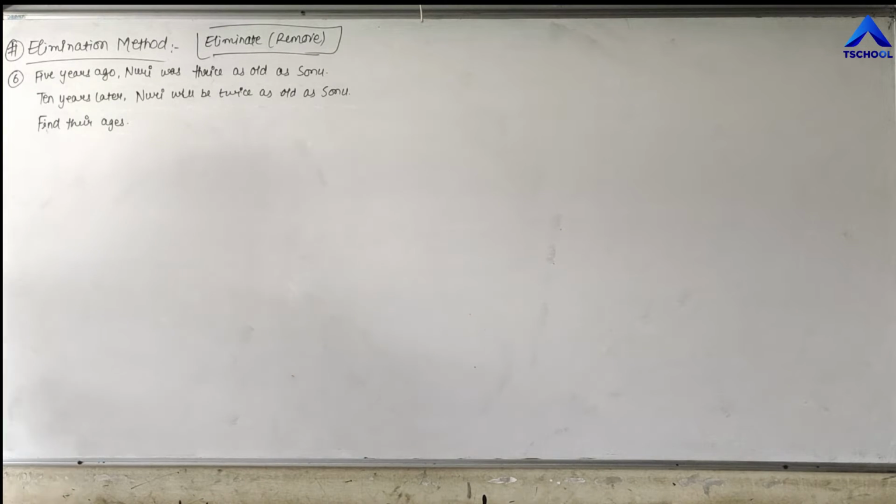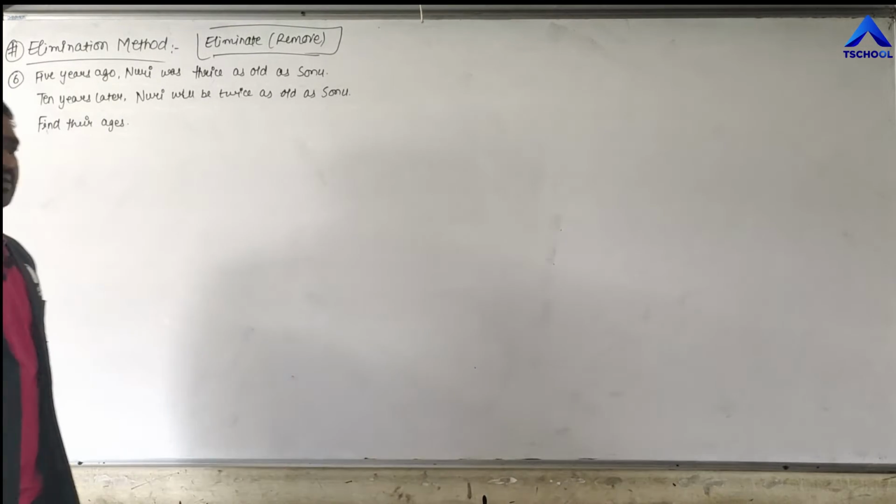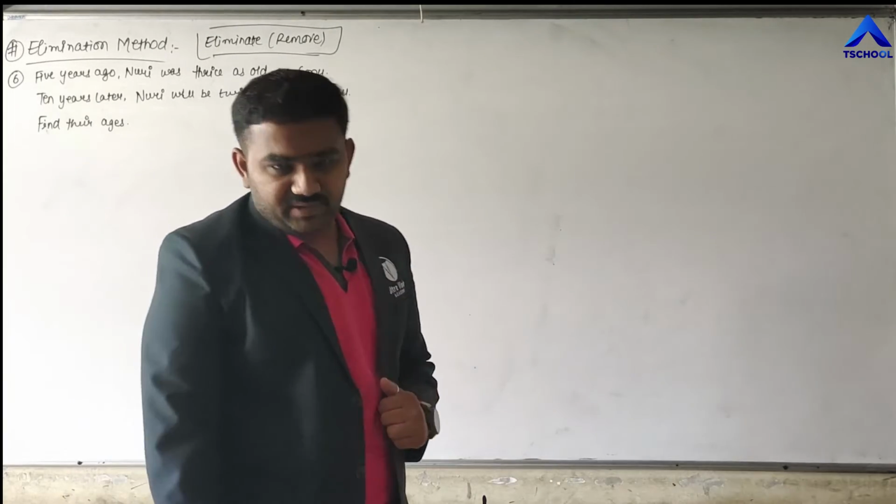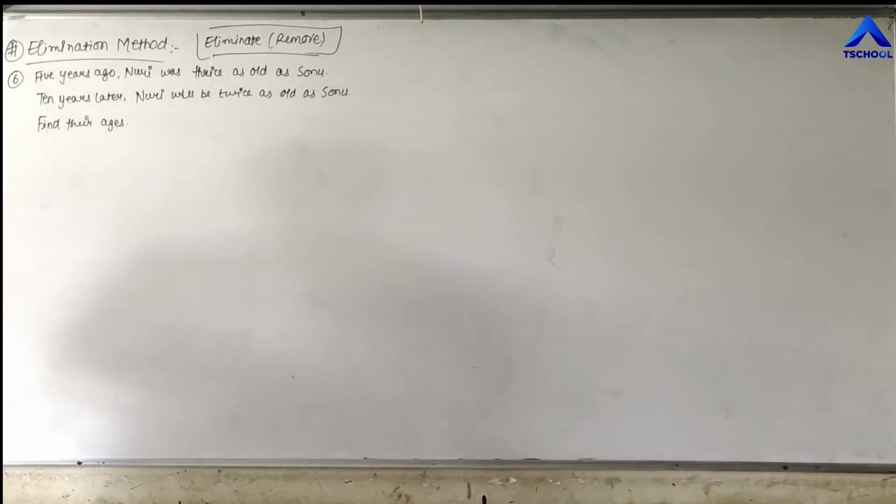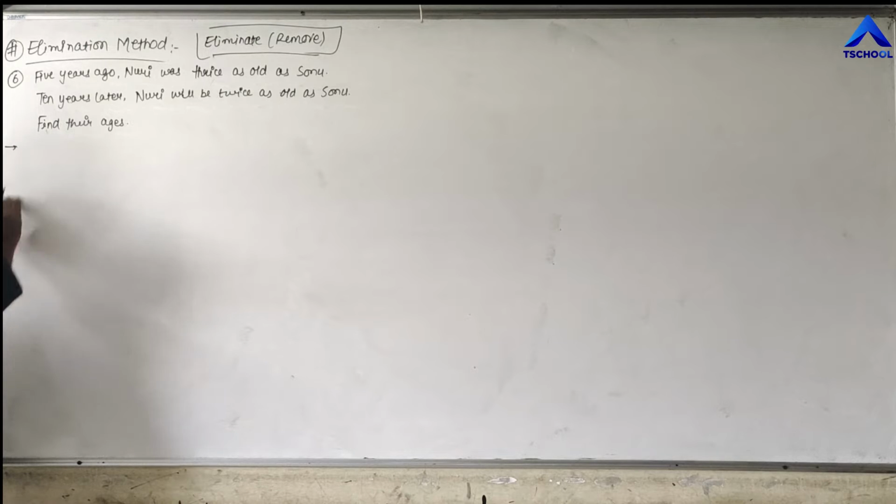We are having this condition given to you. So first of all, what we need to do? We need to make the equations and then we need to solve them. Let us try to make the equations here first of all. What do we need to find out? The present ages.